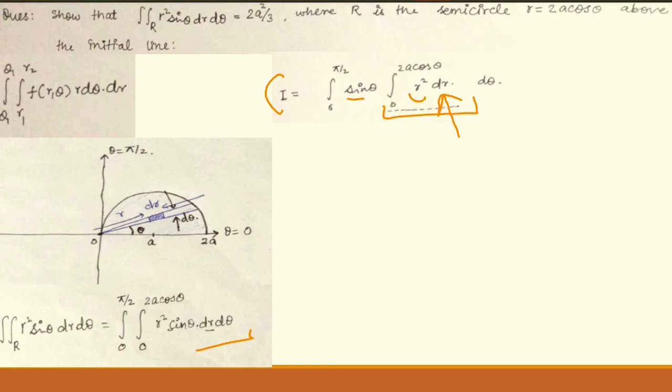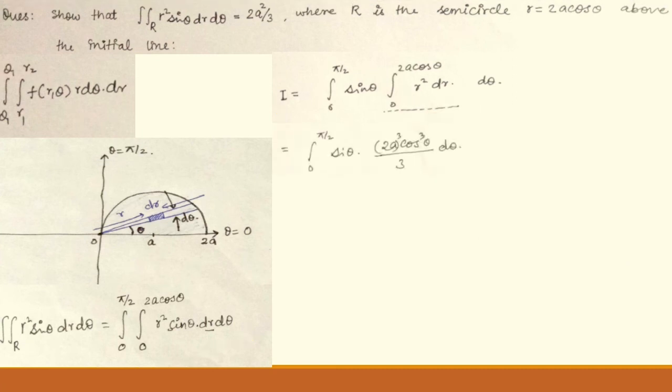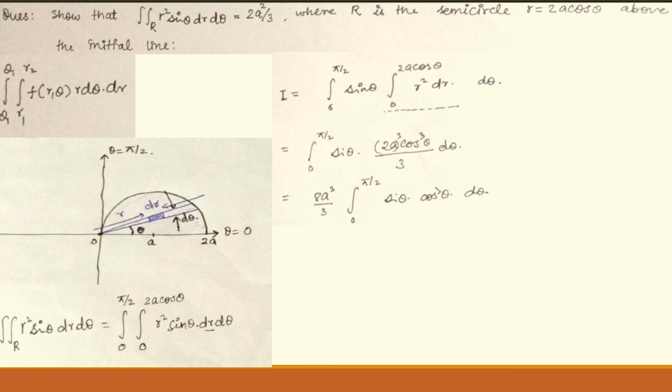Integrating r square with respect to dr will give r cube by 3, and we put the limit from 0 to 2a cos theta, and this will be 2a cube by 3 into cos cube theta. If we put r equal to 0, it will give 0, and we will get something like this. Solving further, we take the constant outside of the integration, and we get this.